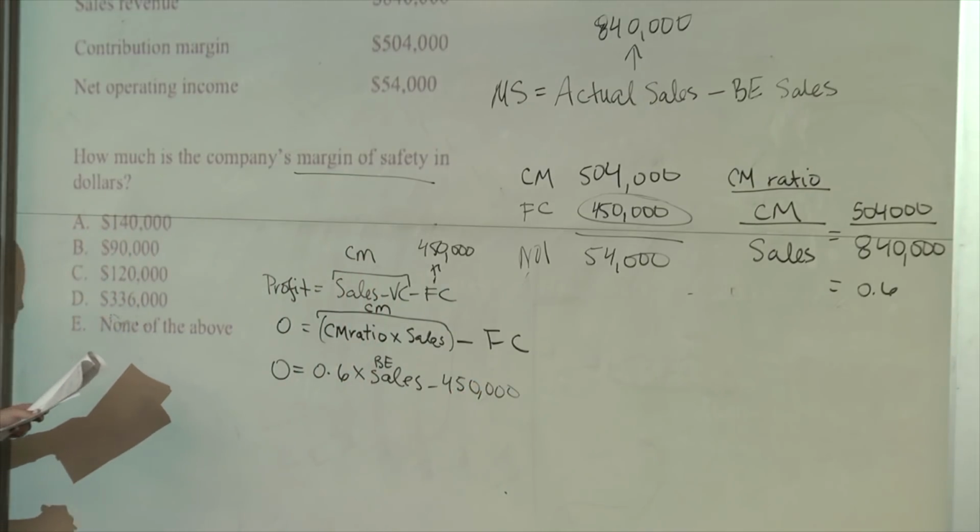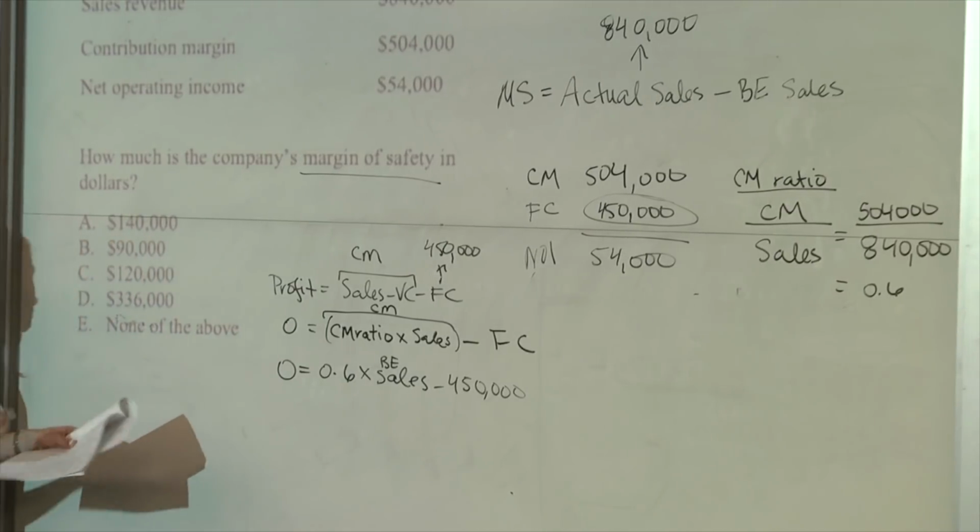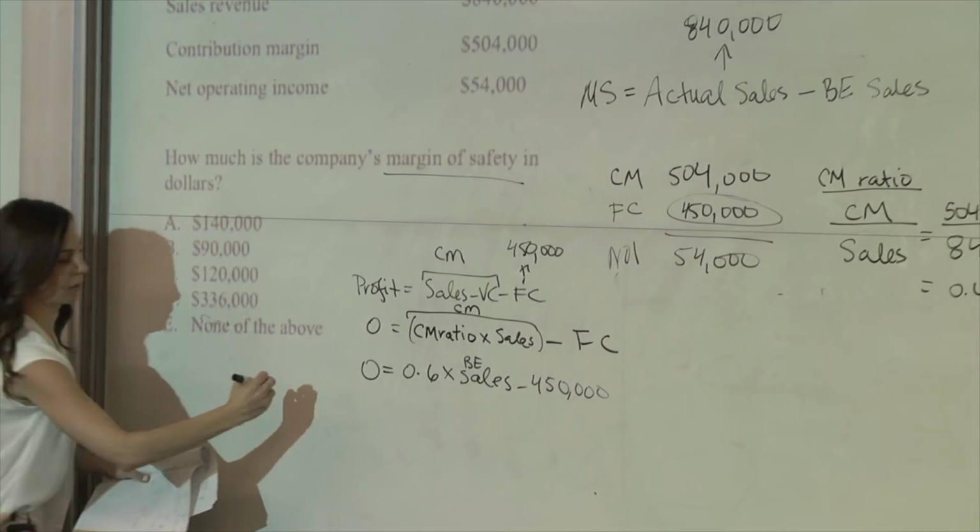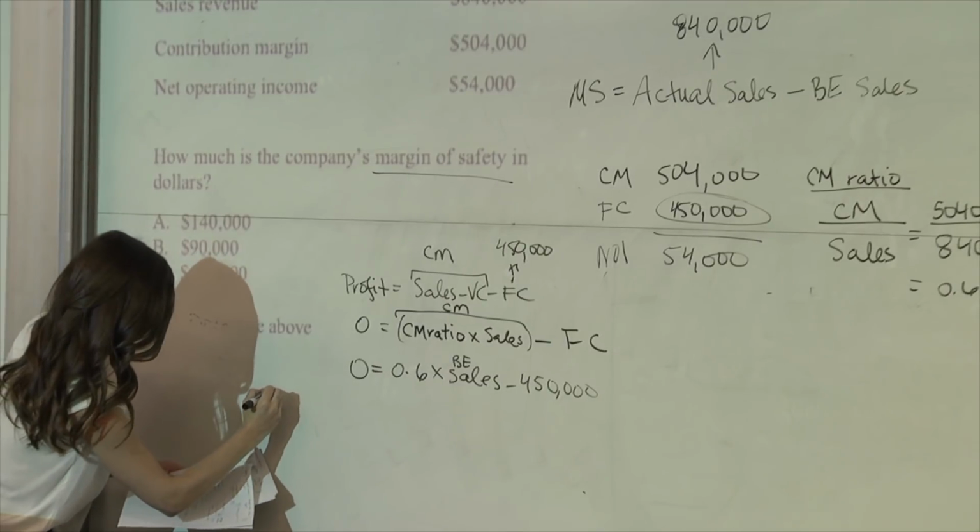Now we solve for the break-even sales, so we isolate break-even sales on the left side of the equation.